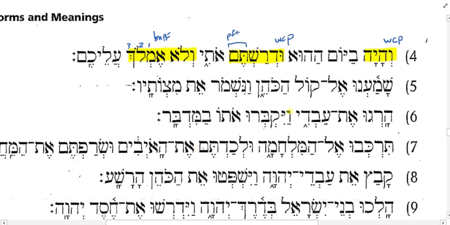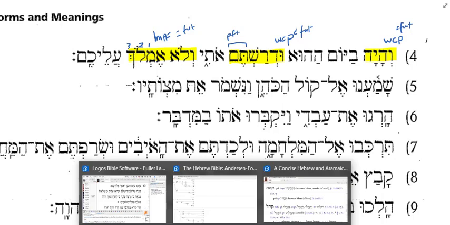Okay? So what does this tell us? I'm starting my sequence here with the WCP, which most frequently is going to be future. It's continuing with the WCP, which is future. And then it's continued by a lo with an imperfect, and imperfects are also frequently future. So I'm going to translate this whole series of verbs, or at least think of them, in terms of future time frame, okay?